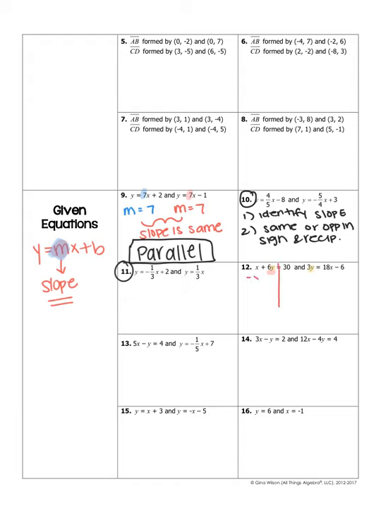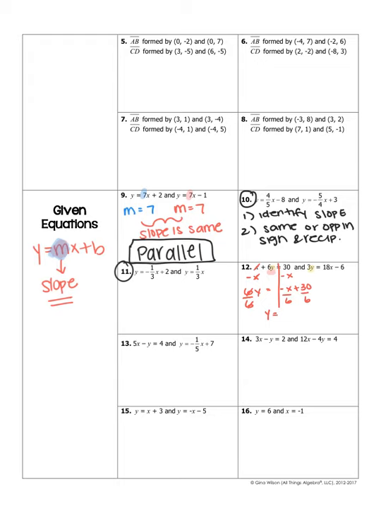So the first thing I'm going to do is subtract my x. When I do that, I have 6y equals negative x plus 30. Then I'm going to have to divide by 6, and I have to divide everything over here by 6. So 6 divided by 6 gives me my y by itself, which is what I want.